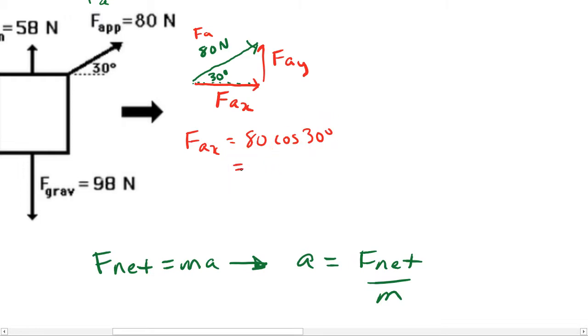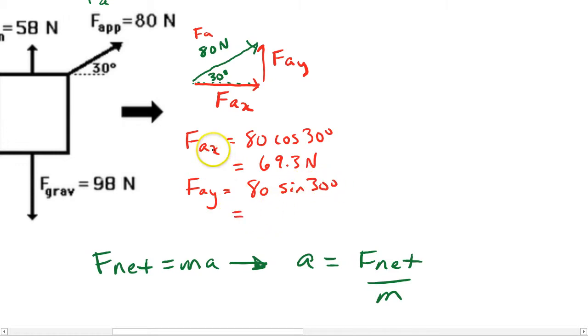And when you get your calculator out, I think that's about 69.3. And FAY is going to be 80 times the sine of 30 degrees.